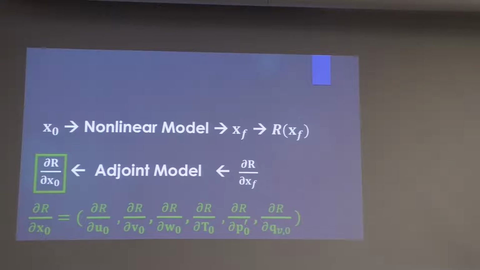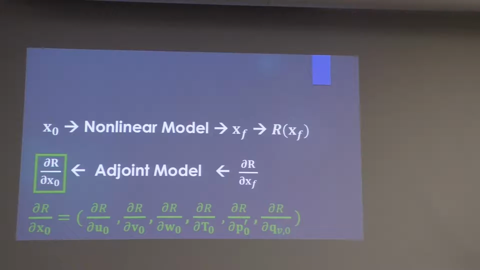But the gradient with respect to the final conditions, what do you mean by that? So whatever you define your response function, it has to be some model variable, and then you take the gradient of it.